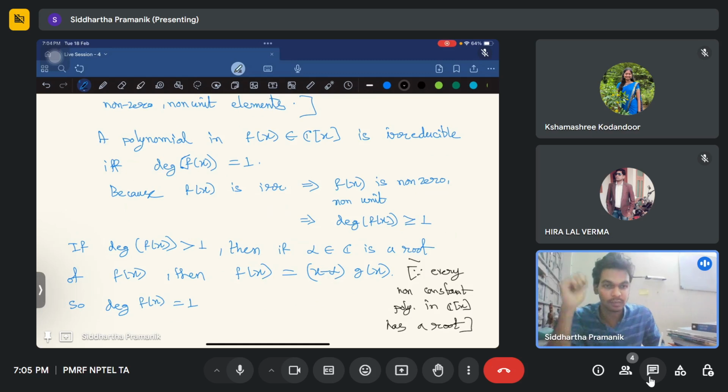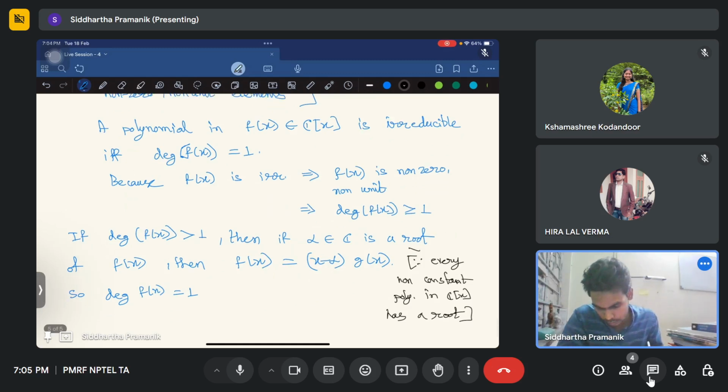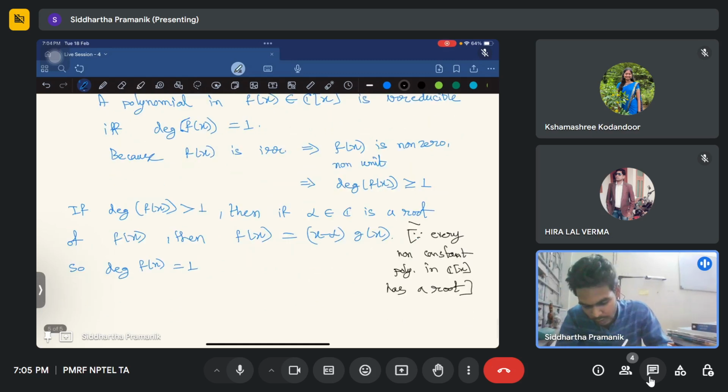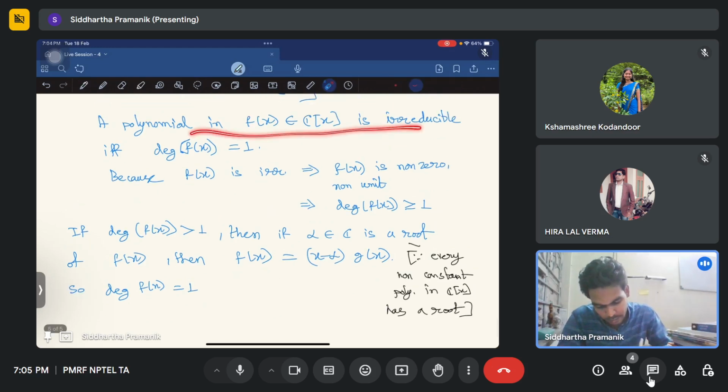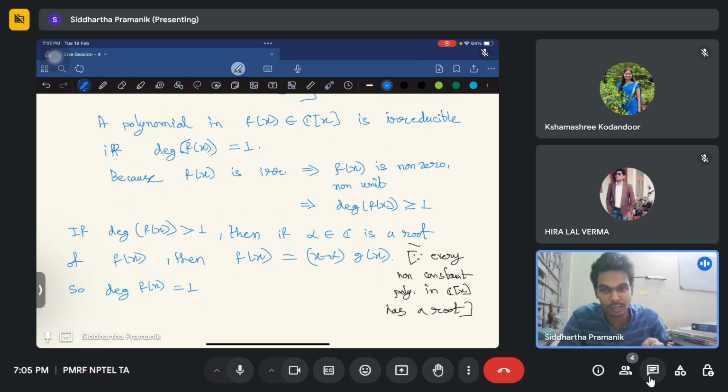This is known as the fundamental theorem of algebra. I think you have seen this. So that is very important here. We are using that. So f is irreducible if and only if the degree of f(x) is 1. So is it fine up to this?